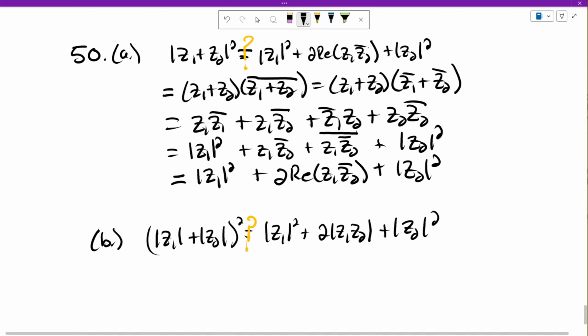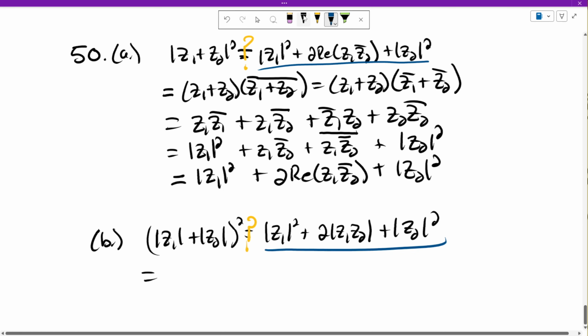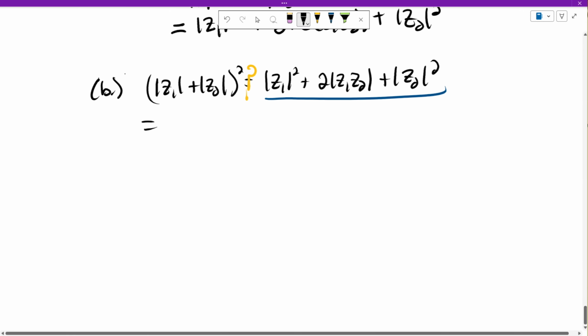All right, great. Now for this next one, just like up here where we pocketed the underlined blue expression, we're going to pocket it again and now just play with the left-hand side. When we square an expression, we get the first term squared plus twice the product of the first and the second plus the second term squared.